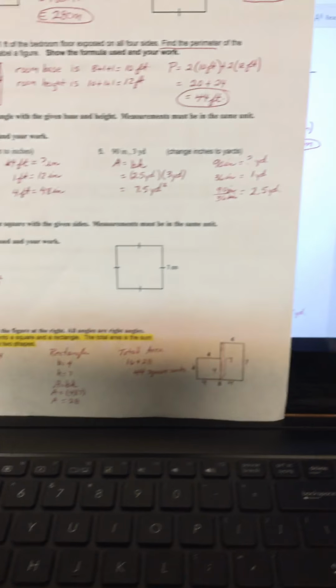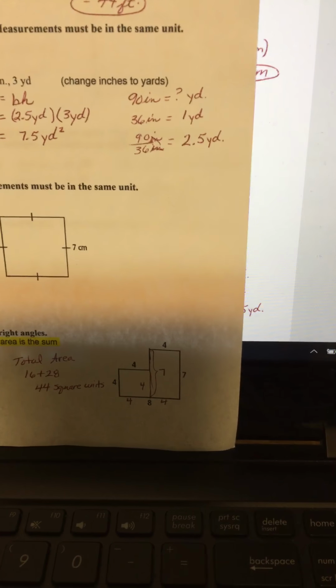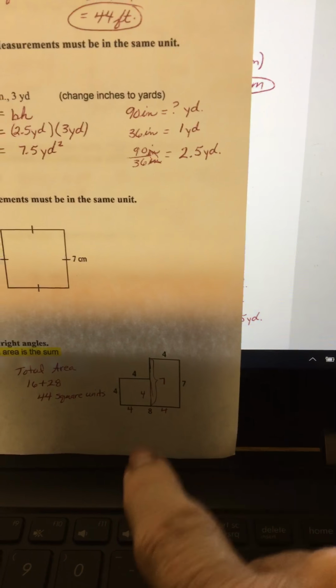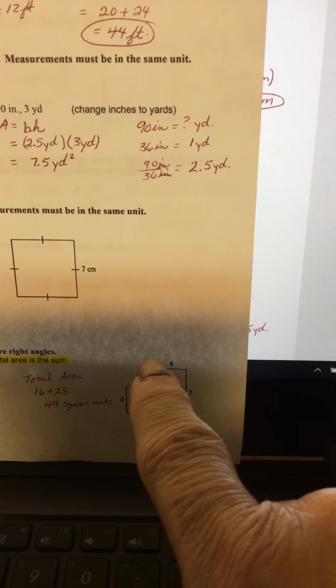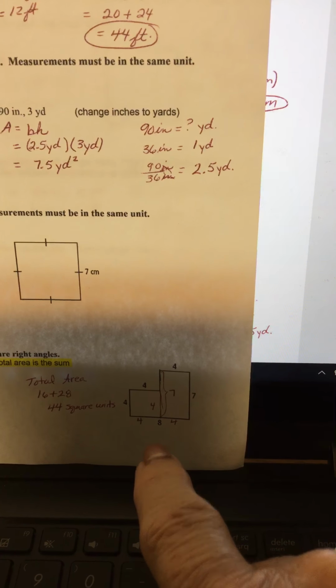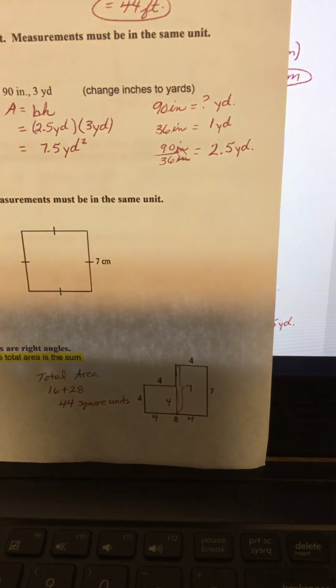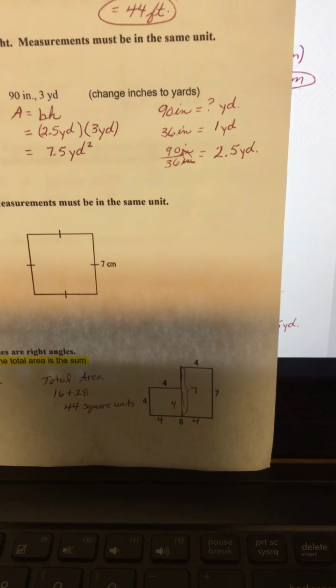At the bottom I have a shape that is a composite shape. It's not just a square or a rectangle. If I cut this off here, this dimension is 4, and here's a rectangle with base of 4 and height of 7. So I'm doing 2 areas to get my total area.